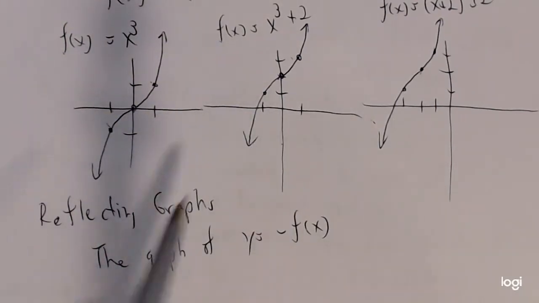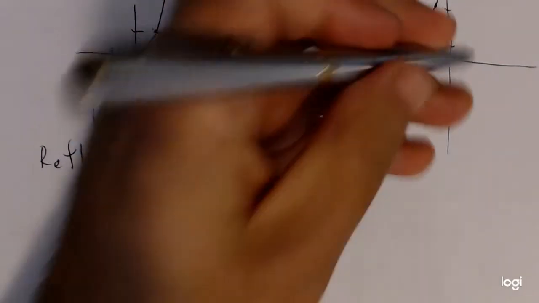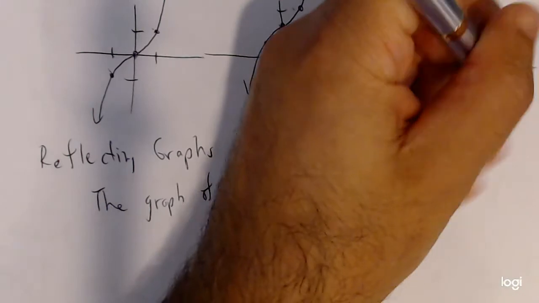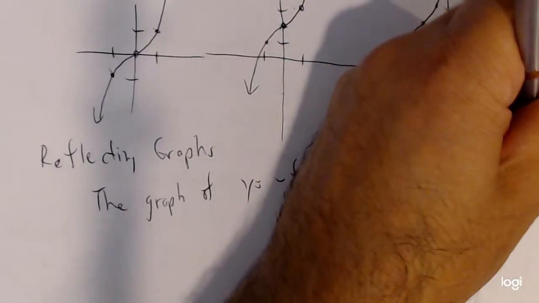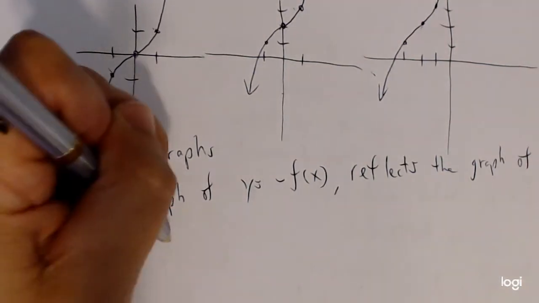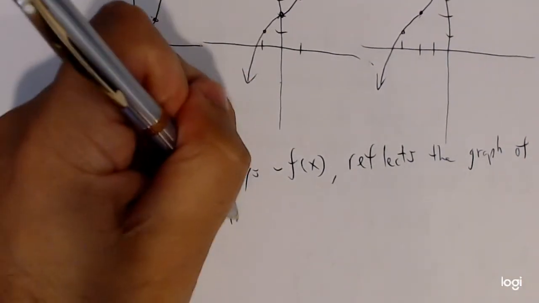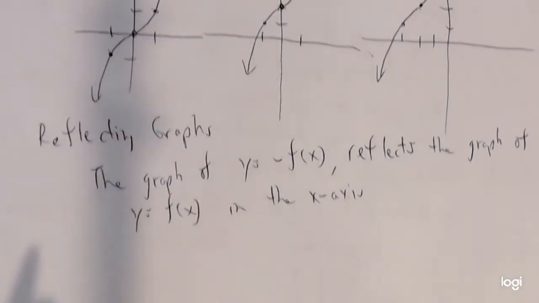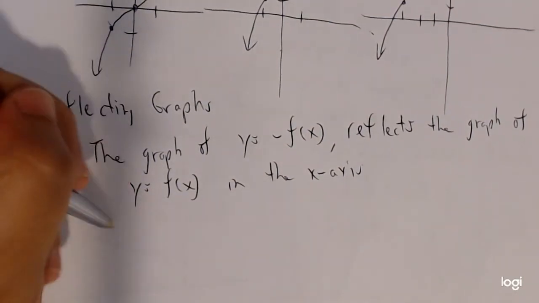I'm reflecting with respect to the x-axis. So what we're going to say is this reflects the graph of y equals f of x in the x-axis, right? So opposite y values means you're reflecting with respect to the x-axis.